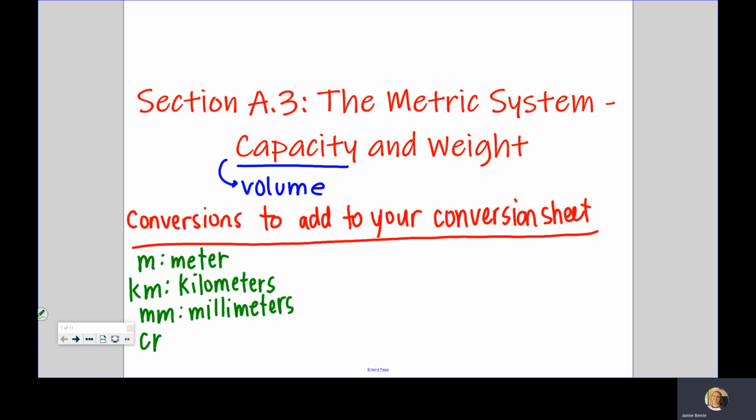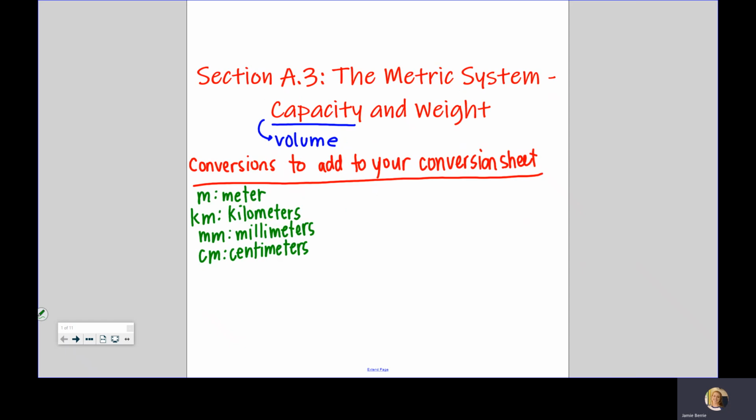Cm is centimeters. And then there's 2 more. Little g is grams. And capital L is liters.